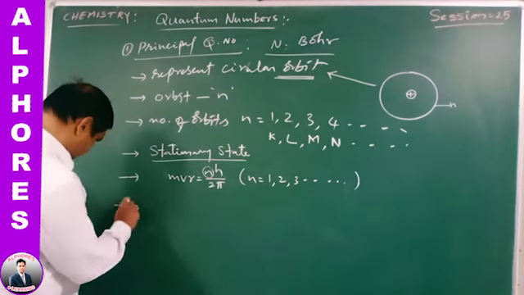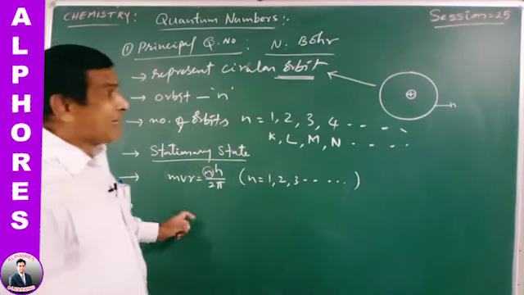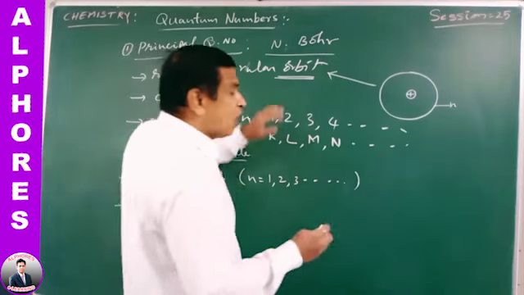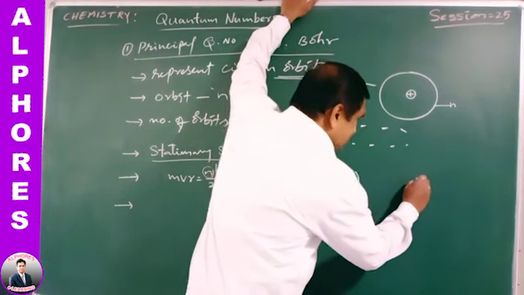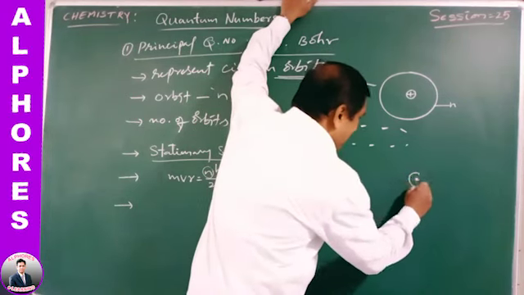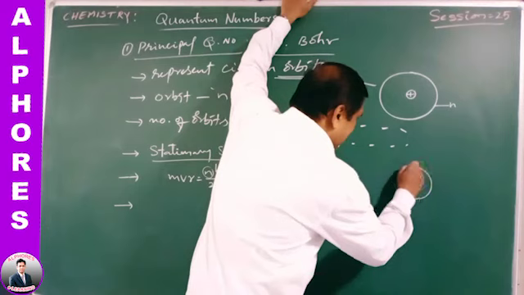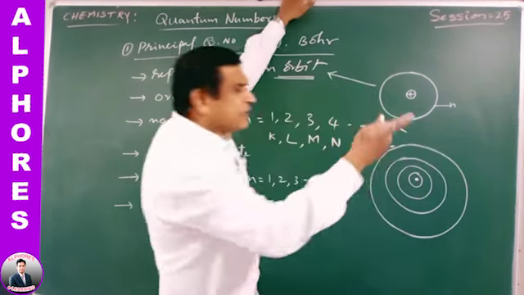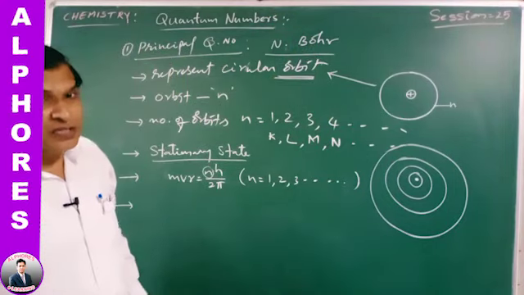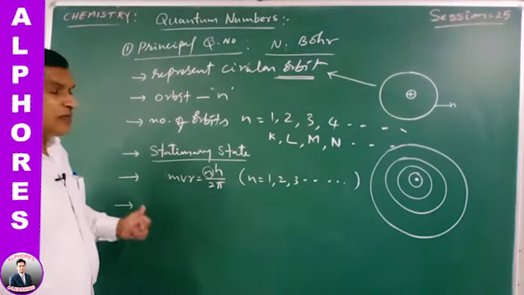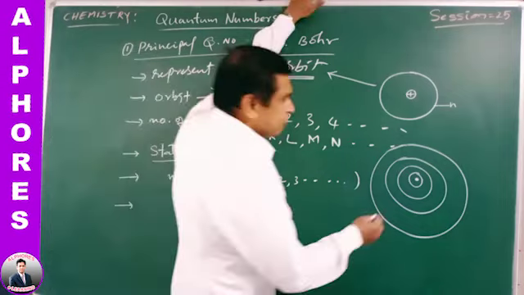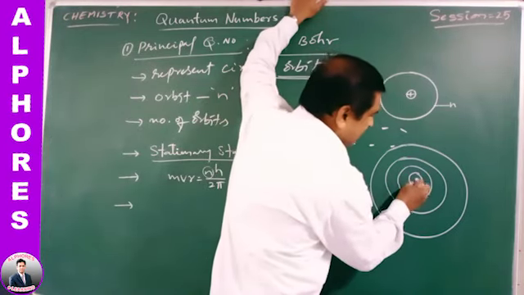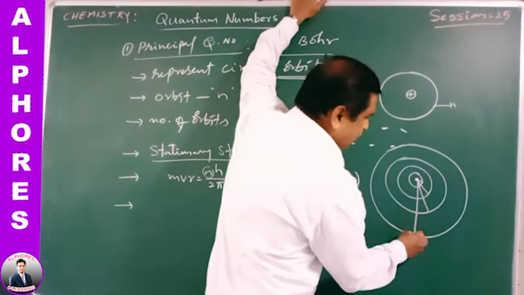Next point, as the number of orbits increases, like say this is the nucleus, we have first orbit, second orbit, third orbit, fourth orbit and fifth orbit. This is the size of the first orbit, second orbit, third orbit, fourth orbit.